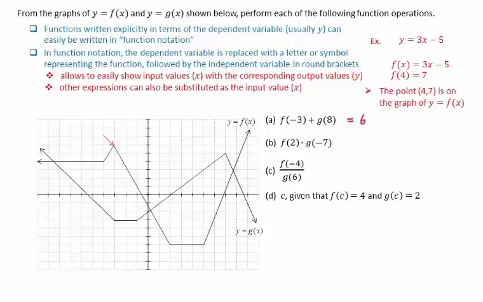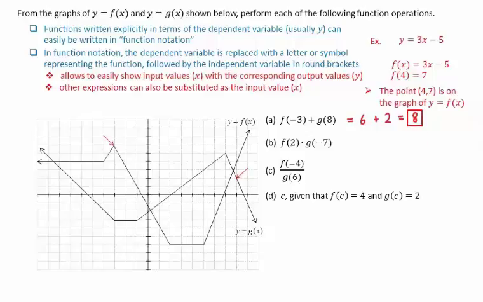We then have to figure out g of 8. This is the y value for the g of x function at an x value of 8. In this case, we have a y value of 2. We then have a total result for f of negative 3 plus g of 8 of 8.